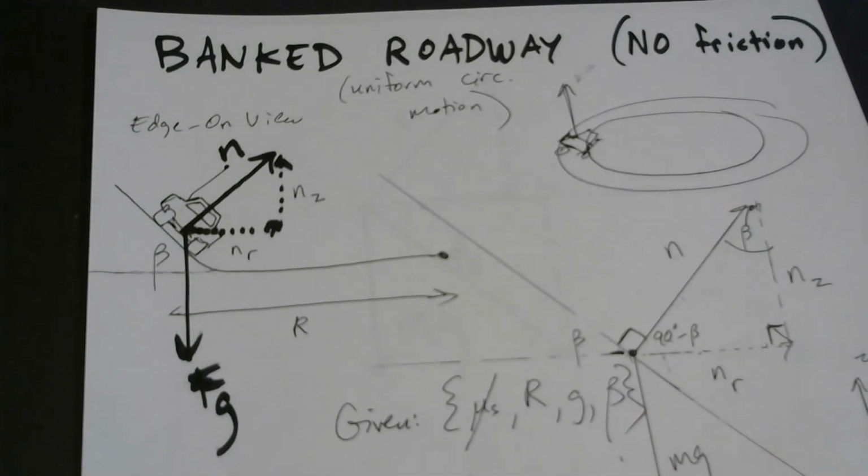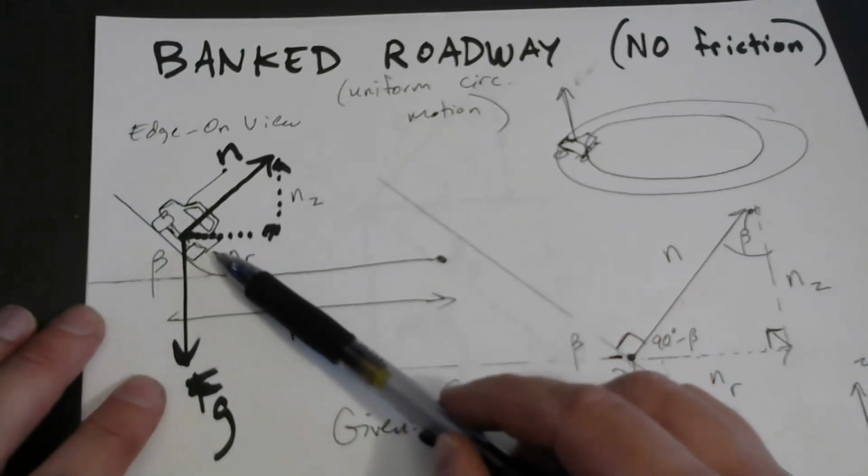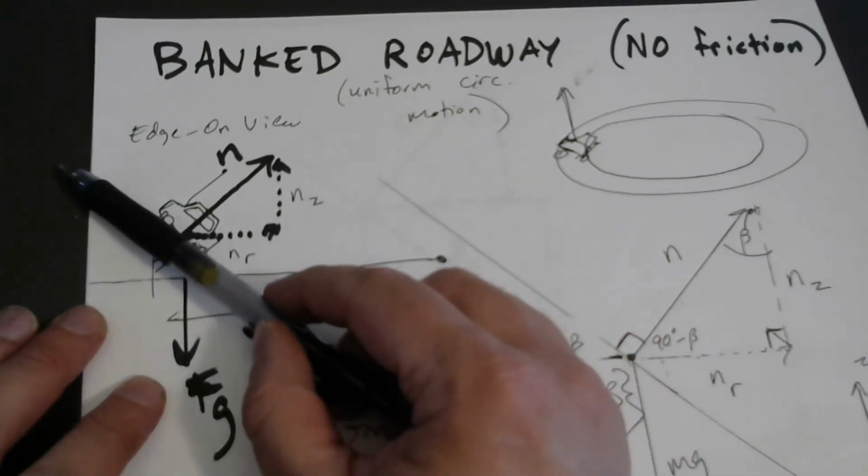That may be pretty challenging for some of you to imagine if you haven't spent a lot of time watching these races or you've never driven on an embankment yourself. But think about throwing a marble into a bowl. If you throw it faster, doesn't it kind of move farther up the bowl as it's orbiting the center of the bowl? This vehicle would tend to drift up the embankment.